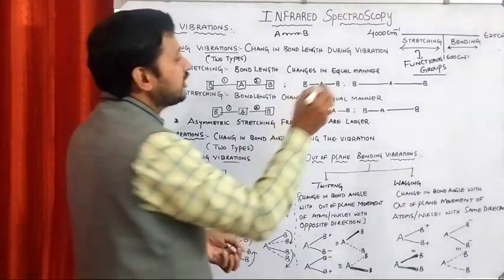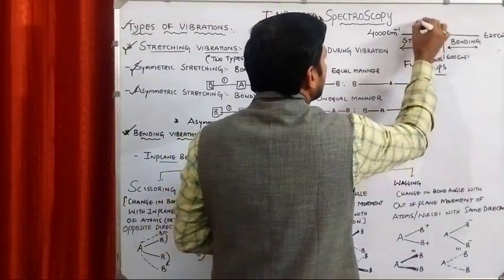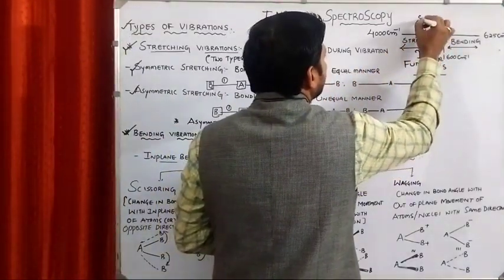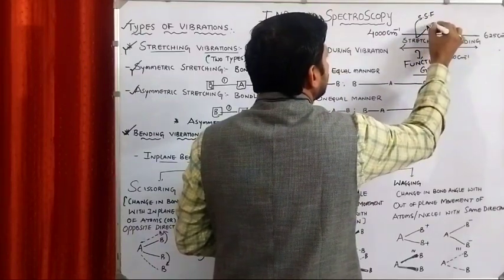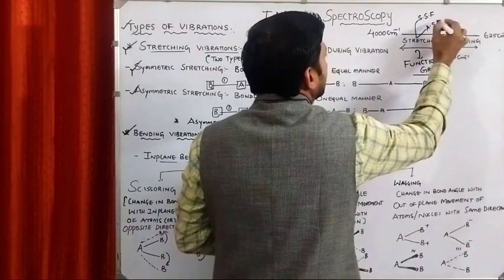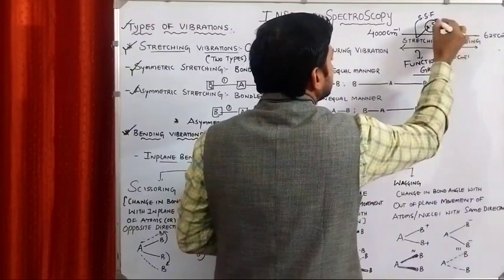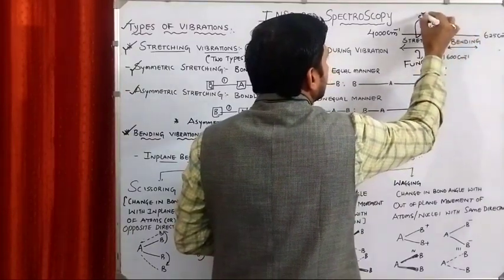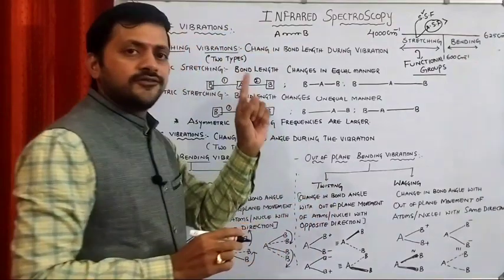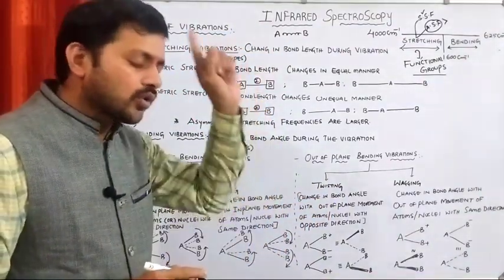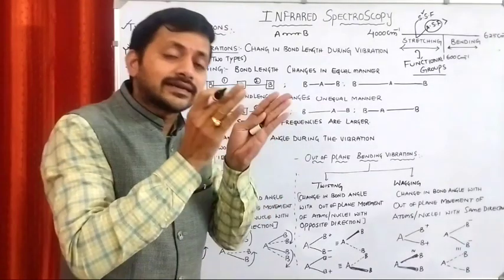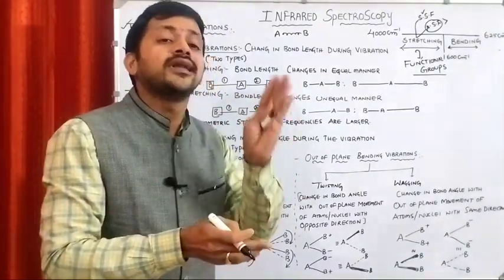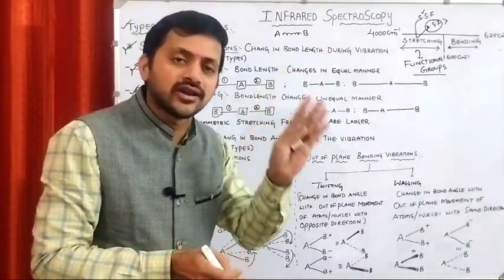Okay. So, here due to the stretching we are getting two things. Symmetric stretching frequencies and asymmetric stretching frequencies. The asymmetric stretching frequencies values are higher than the symmetric stretching frequencies. That's why always we are having the data related to only asymmetric stretching values.